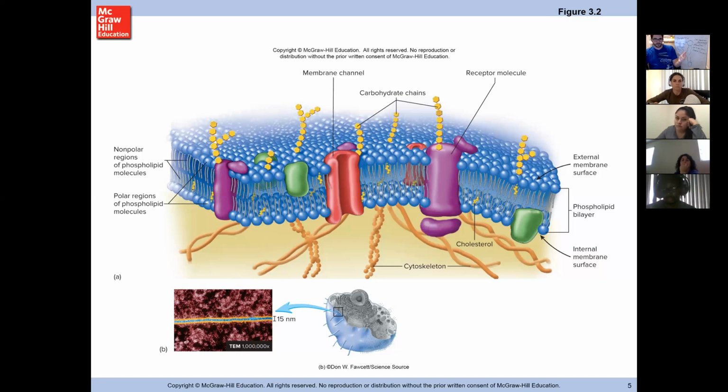Well, the way that these proteins can do that is, if you guys kind of recall back to chapter 2 again, remember the amino acids that make up our super long chains of proteins, some of those can be polar and some of those can be non-polar, right? And that creates these areas of the protein that can have polar and non-polar areas.